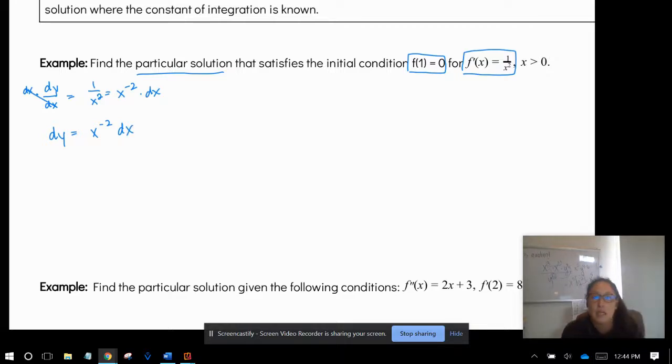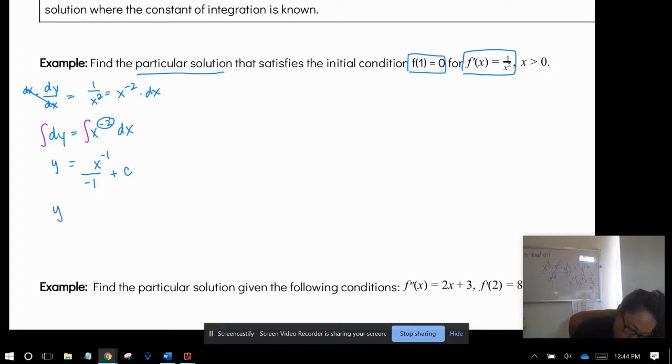And when I want to undo the derivative, the change in y, I'm going to undo the change in x. So what I get is the integral of dy is y, and I need to take the integral of x to the negative 2, so x to the negative 2 raised to the negative 1, and then I need to divide by the negative 1, plus C.